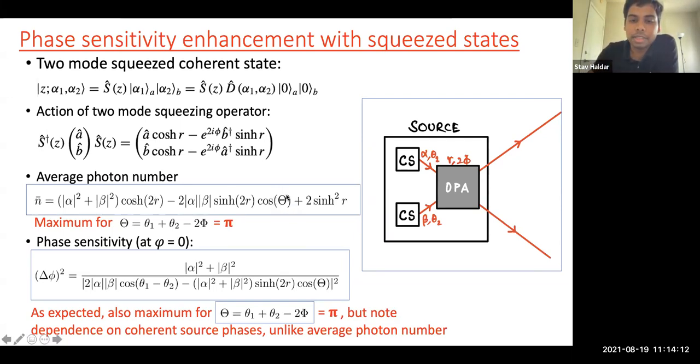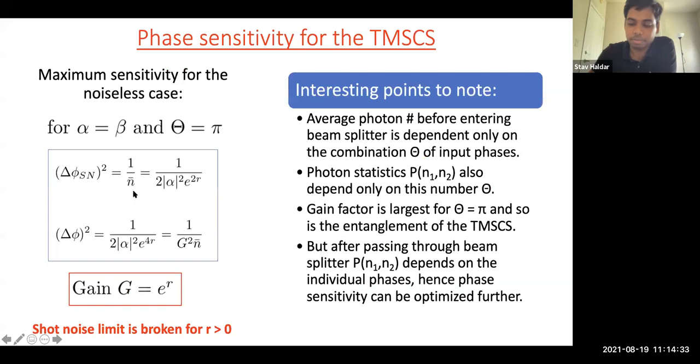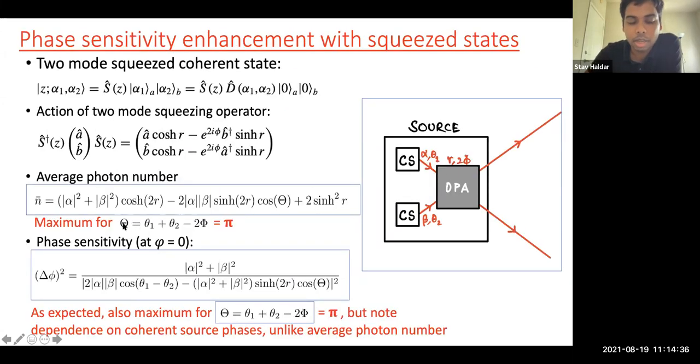But in terms of the phases, the important thing to notice is that it does not depend on the individual phases θ1, θ2, and phi, but rather on a specific combination of these three parameters, this angle capital theta. It's easy to see that at theta equal to pi, this n bar goes to maximum. The two points to notice are that it depends only on this combination, and that it goes to its maximum value at pi.